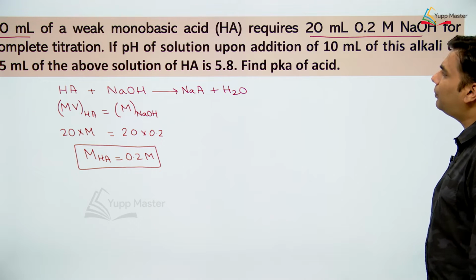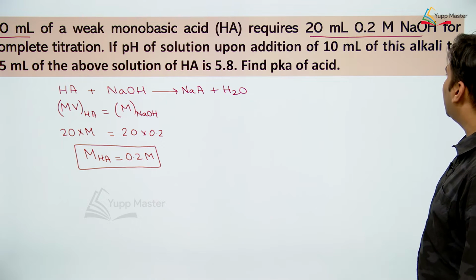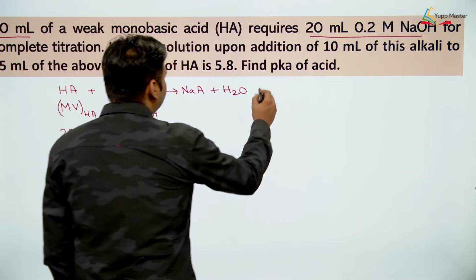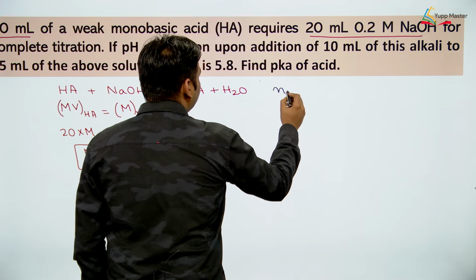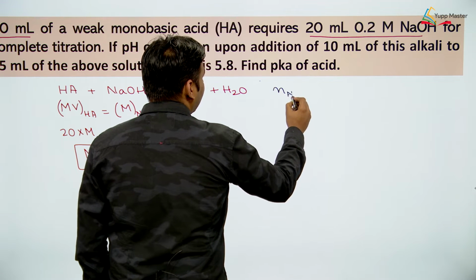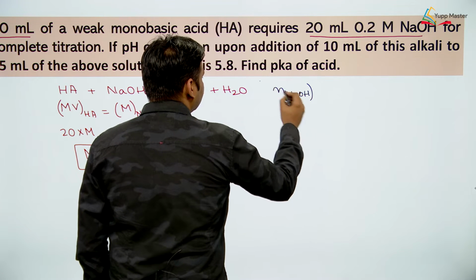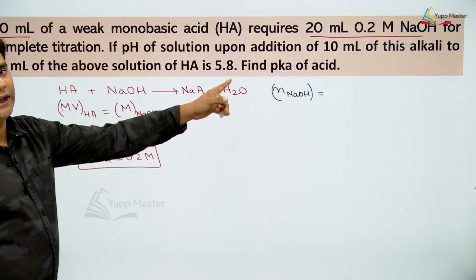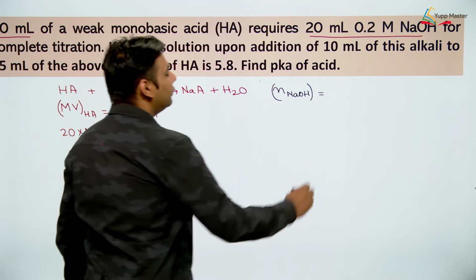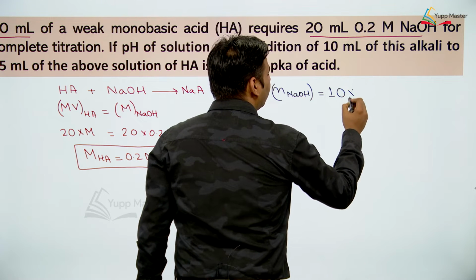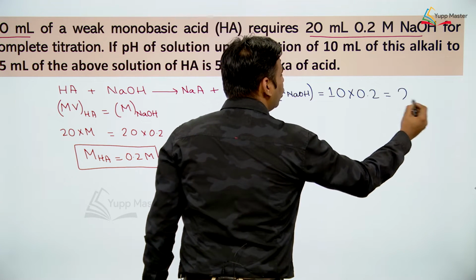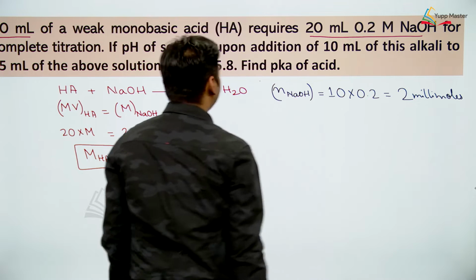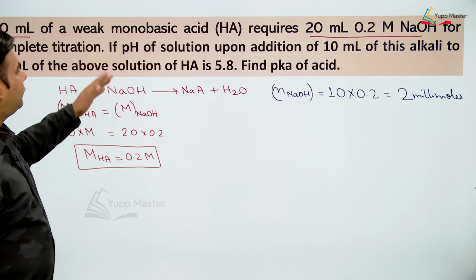Now the question says that the pH of the solution upon adding 10 ml of this alkali to 25 ml of this solution is 5. So now basically number of millimoles of base, which is NaOH in this case. Upon addition of 10 ml of this alkali whose molarity is 0.2, we are taking 2 millimoles of NaOH and adding this to 25 ml of the above solution of HA.